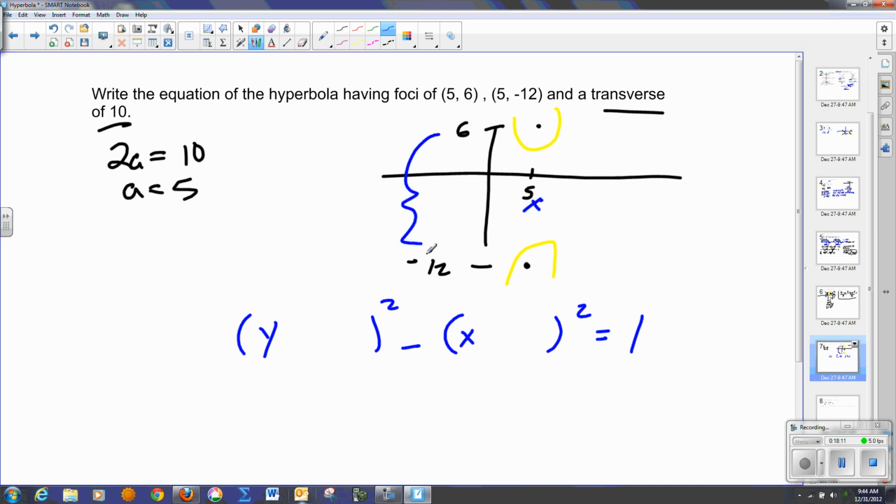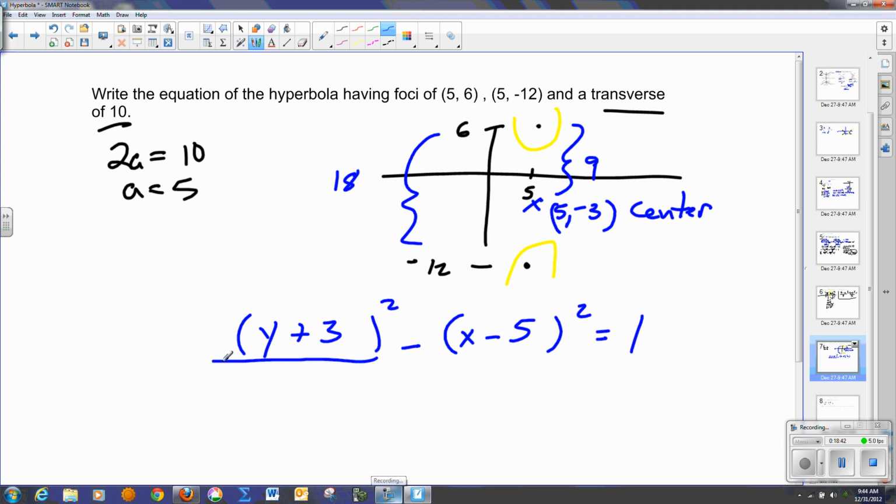So between the two foci, I have a total of 18. Therefore, half of that is going to be 9. And if I move 9 down from 6, I'm at negative 3. So at 5 over and negative 3 down, I have my center. So I move over 5 and down negative 3, and that's my h, k.